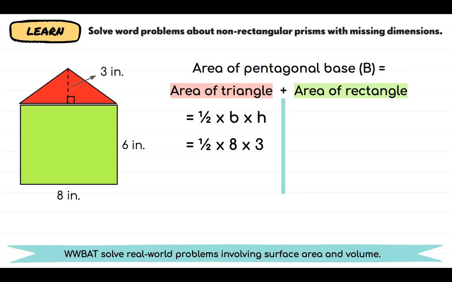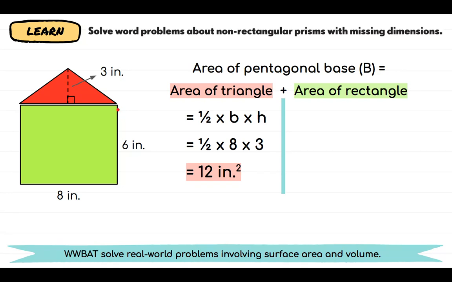So my new formula is 1/2 times 8 times 3. I know that 8 can be divided by 2, which gives me 4. So I can get rid of this 8 and write 4. 4 times 3 is 12 square inches. So the area of the red triangle is 12 square inches.